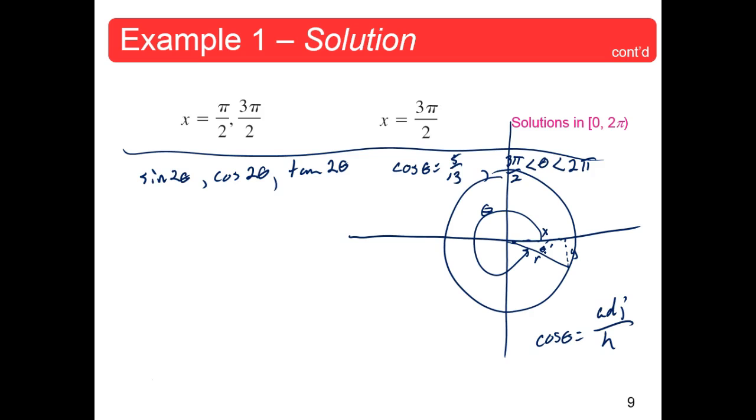So in our problem, since this is x over r, your x must be 5, but your r is 13. Yuck. That means I have to have not a unit circle here, but a 13 circle. So here's how I go about making my 13 circle.